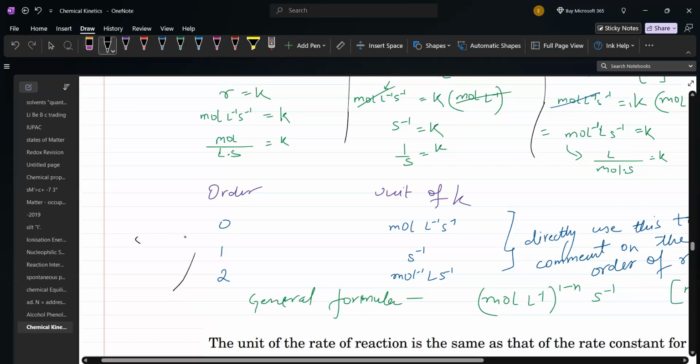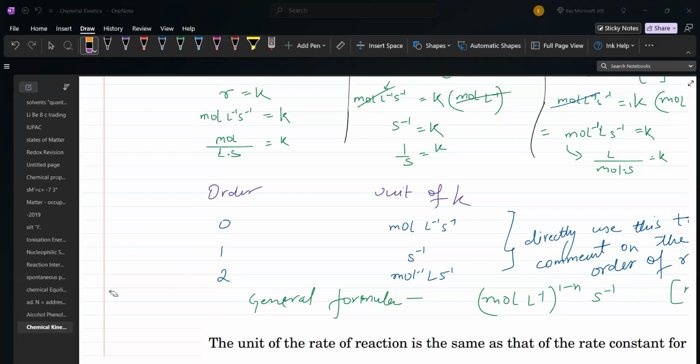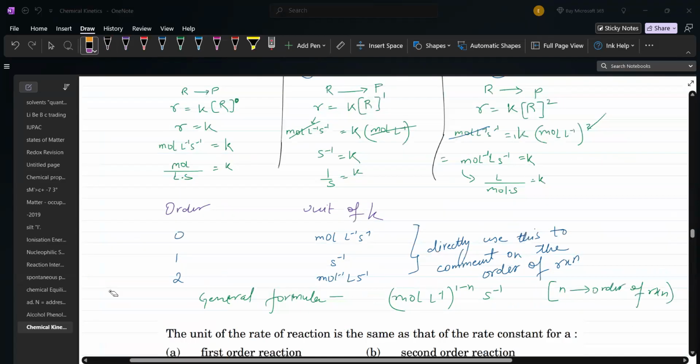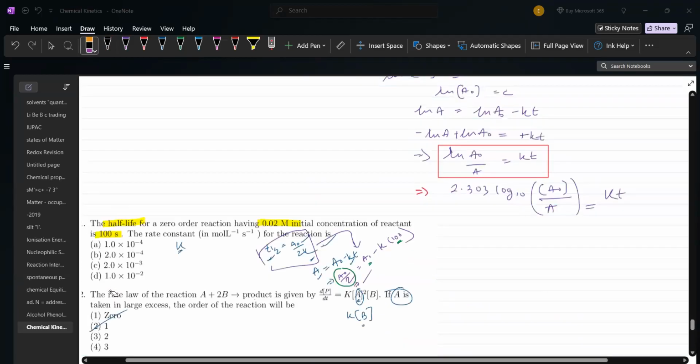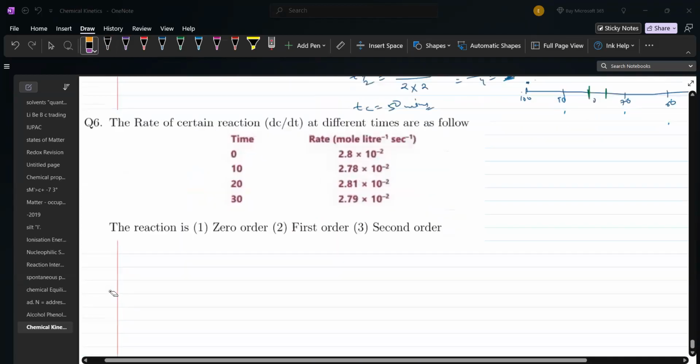Both are the most important ones, because board exams are limited to these two only. And that's it. You will get the right answer, and the question is solved. The answer is zero order.